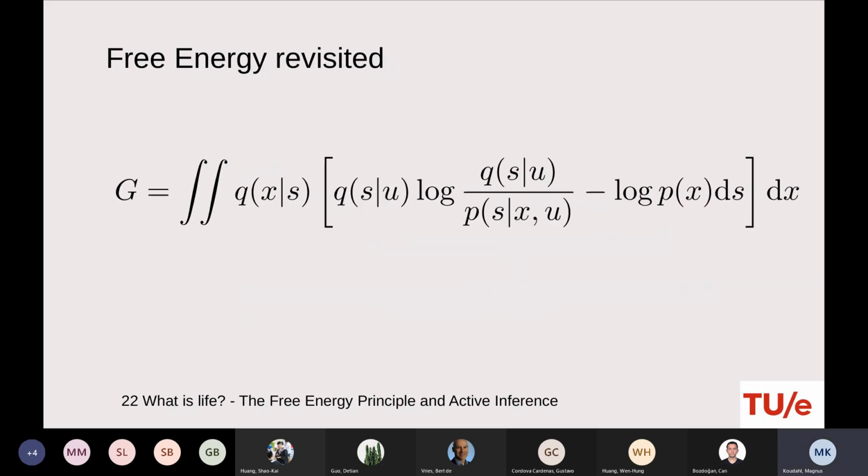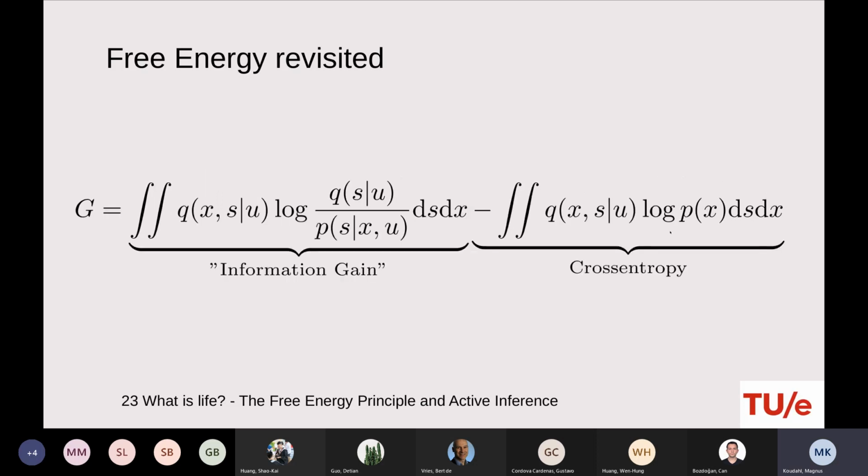The point is that I can take this and I can decompose it. So what I'm doing here is I'm just splitting out the log of p(x) here. And then we can split this expectation. And now we get something that's really interesting.